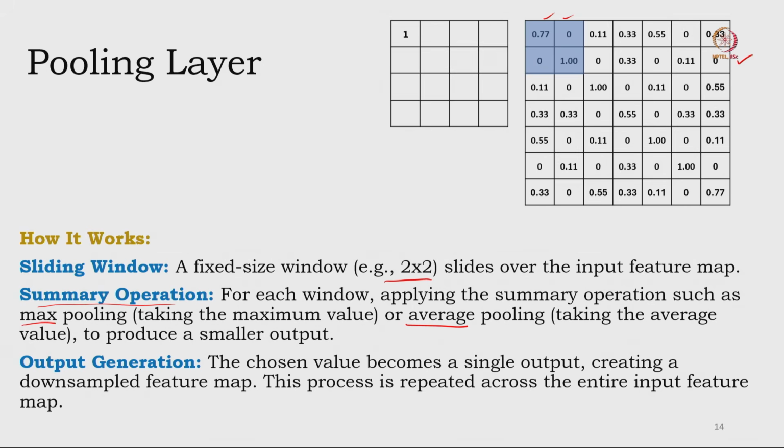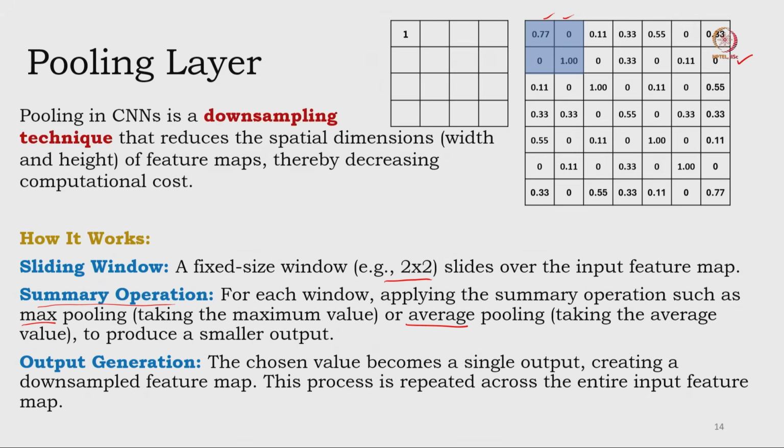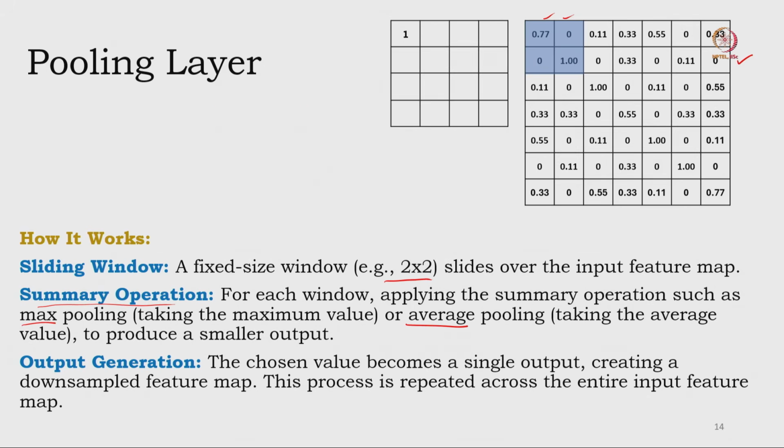Now what we will do? We will now stride. When we stride in a pooling, if you do not specify any value for a stride, by default it will take the window size. What is the window size here? The window size that you have defined is 2 cross 2. Therefore, the stride by default will take the value 2, which means it will leave this and go to the next 2 cross 2.